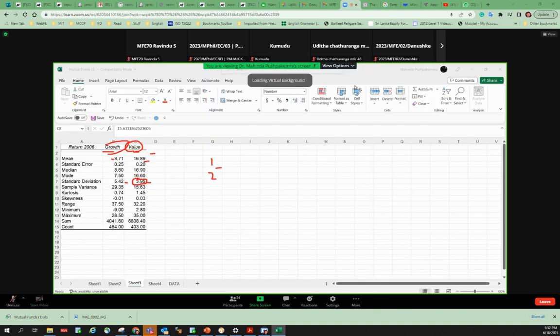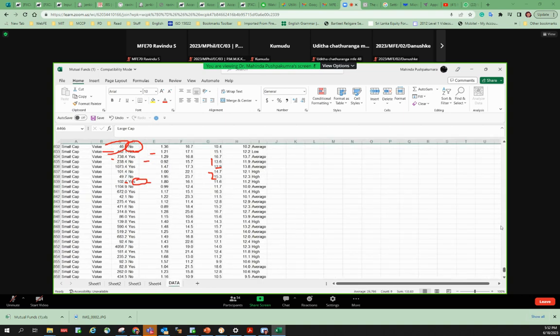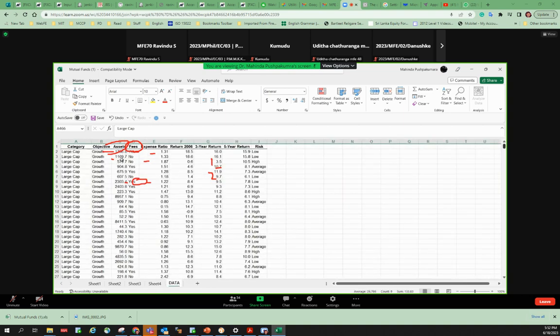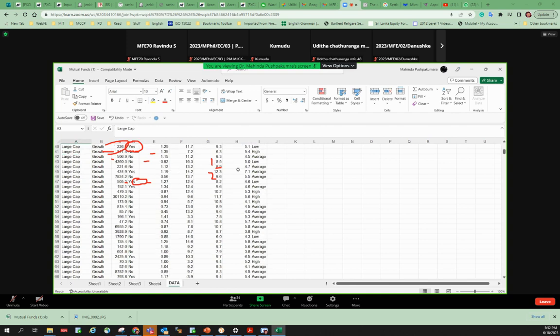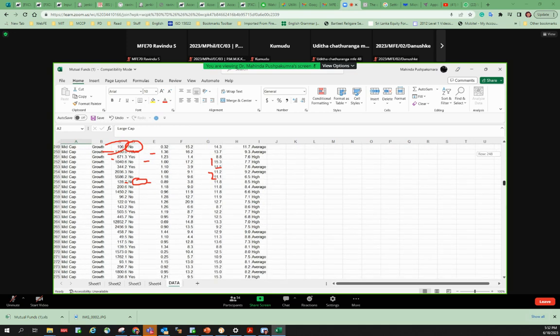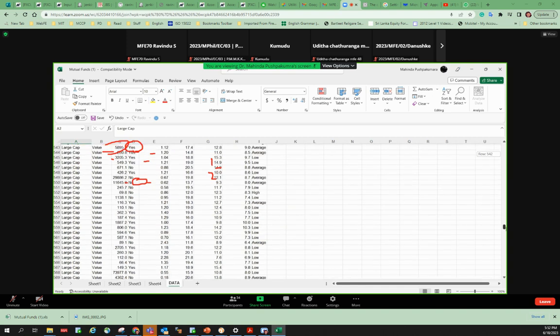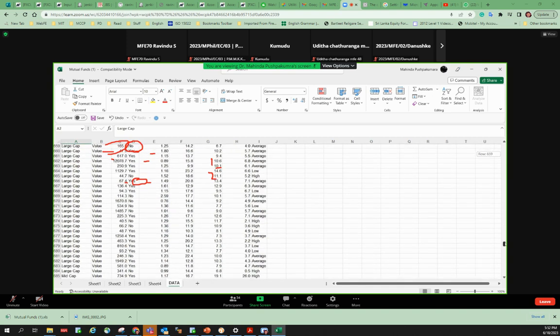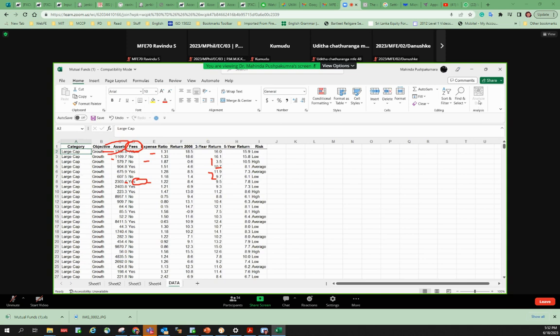If you have any concern, you can raise it. Okay. Then in the data set again, you can see category also. We have large cap, medium, and small. Let's say you want to decide in which category you are going to invest.